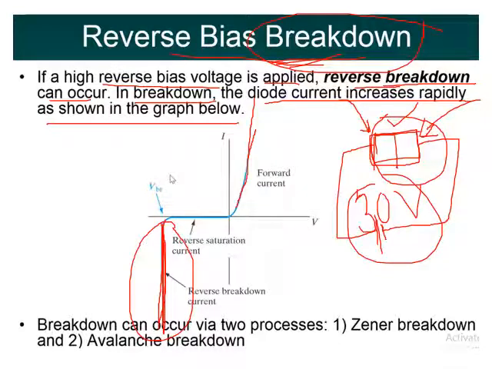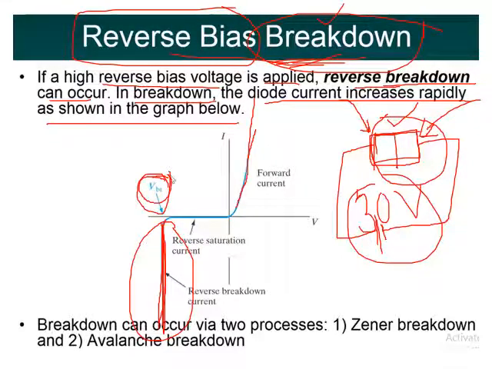So at this voltage, please note that I am speaking of reverse bias only, because breakdown happens only in the reverse bias. Whatever breakdown happens in the reverse bias, that term is named breakdown.